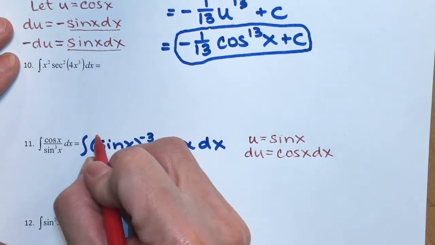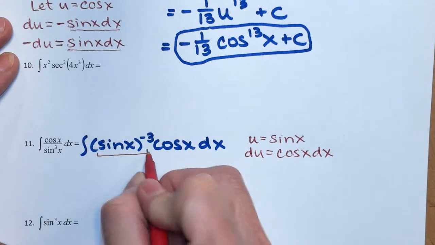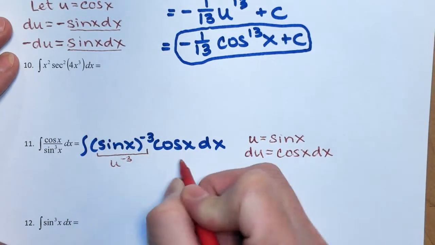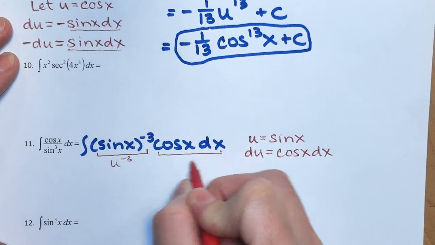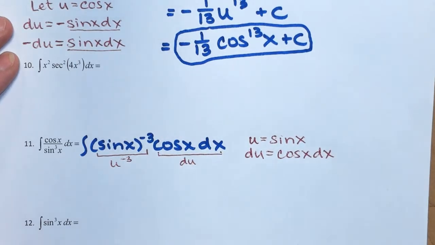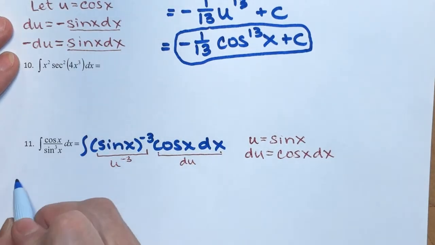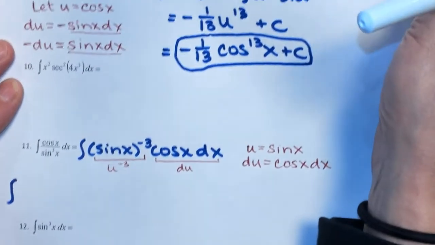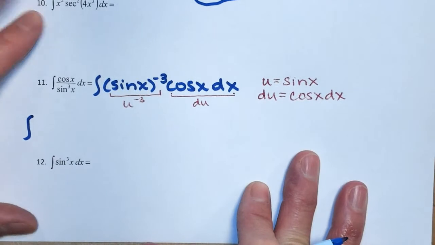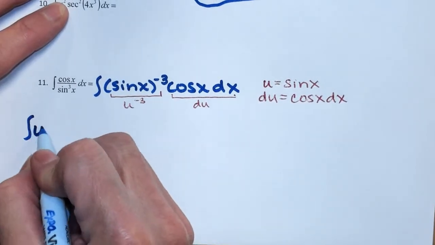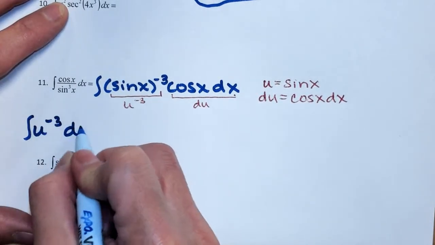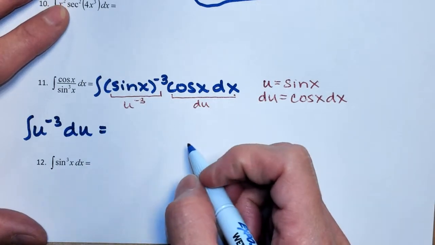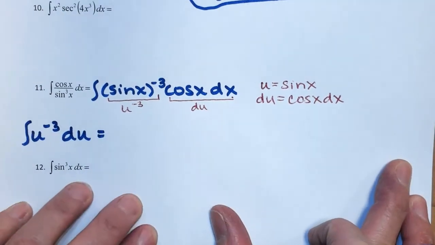So I have a u to the negative 3, and I have a du. All right, so my integral is, oops, let me move this up a little. My integral is u to the negative 3 du. Well, that's a simple polynomial integration.